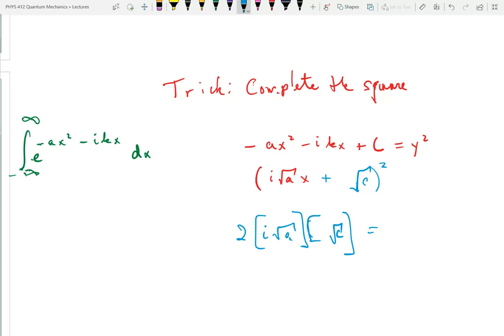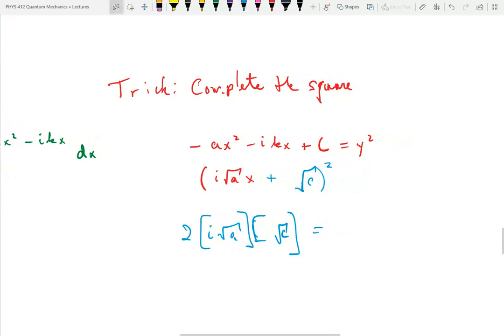That's what it's going to have to be. Just doing complete the squares, that one. And so we just want to find what c is. So the middle term, that is equal to minus ik. Did you follow me or did I lose you completely? You can keep going. We'll figure it out later.